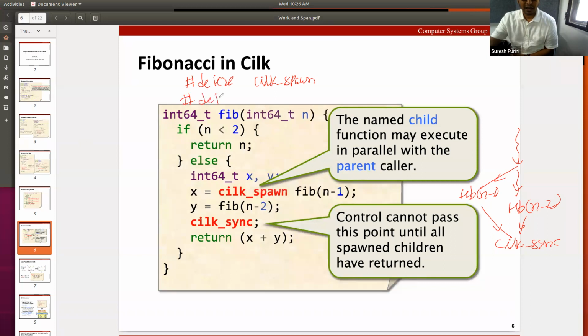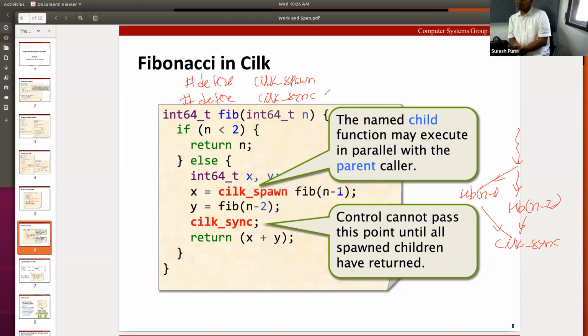Similarly, you can have #define cilk_sync. So you define these macros to be empty when you run this code in a serial fashion and debug your code in a serial fashion. When you are debugging the serial code, these cilk_spawn and cilk_sync are defined to empty things. That means effectively you are removing them from the code.